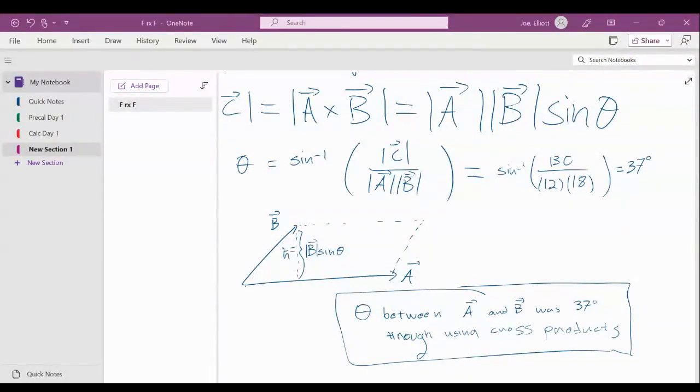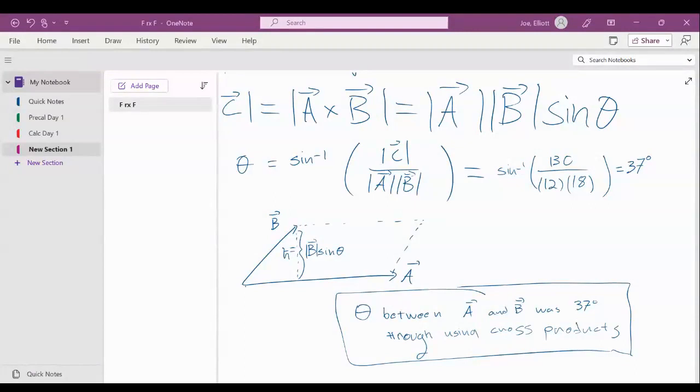Just to be clear, when we take a dot product, and our dot products and cross products are the same, I would think they are complementary, but they're not the same. One gives you sine theta, one gives you cosine theta.